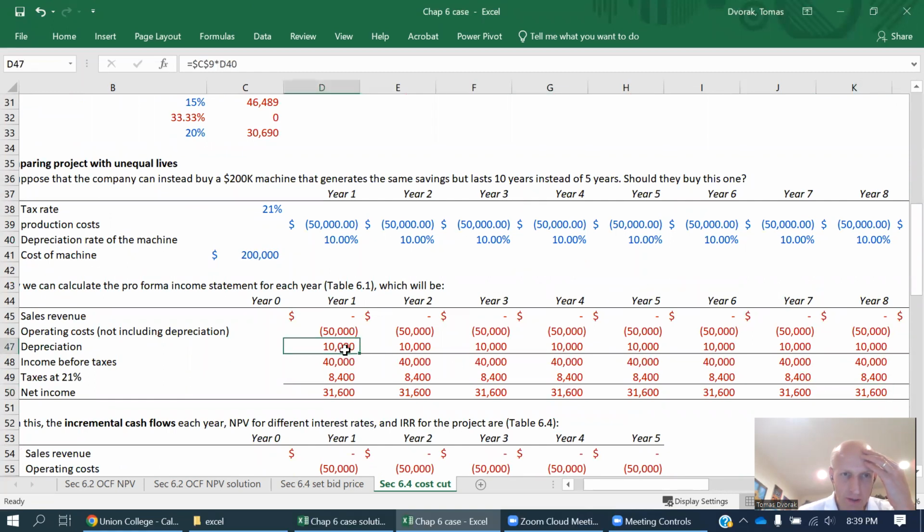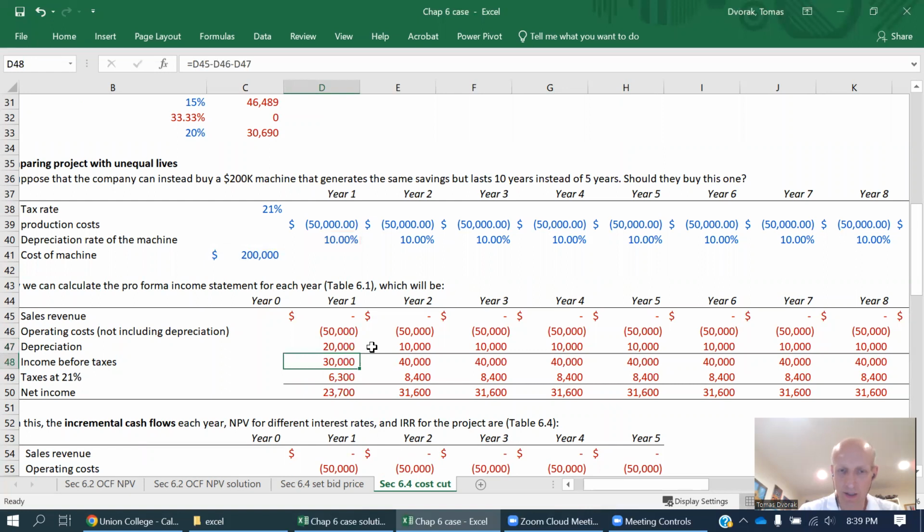The depreciation is off. Yeah, the depreciation, when we copied the cells, that cell is still locked to the cost of the 100K machine. We need to change that to the $200,000 machine, which is in C41.